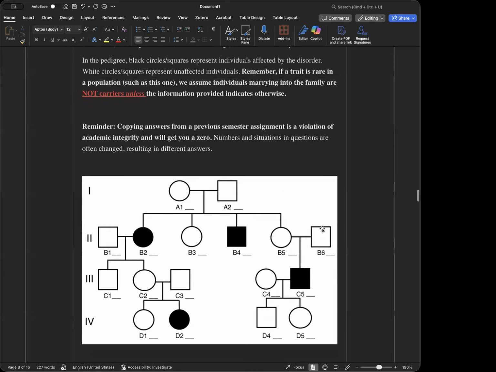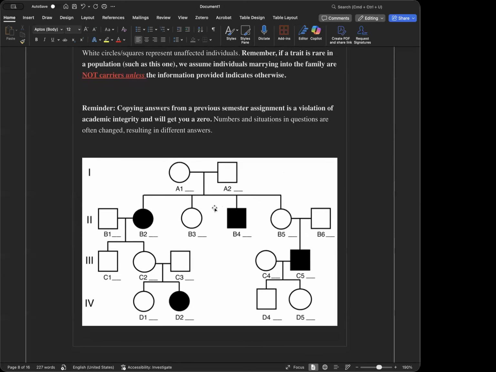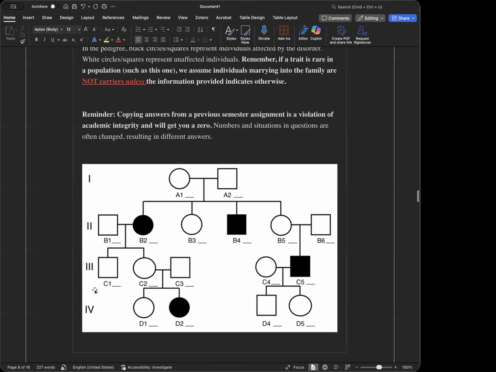So in this, we're looking at individuals that are affected, these black individuals. If you are unfamiliar, circles are females, squares are males. These Roman numerals represent your generation. So this is generation one, this is generation two, this is generation three, and so forth.